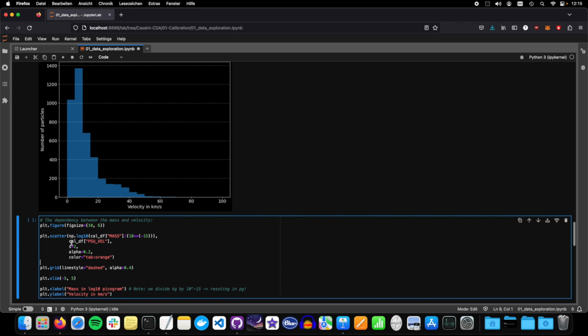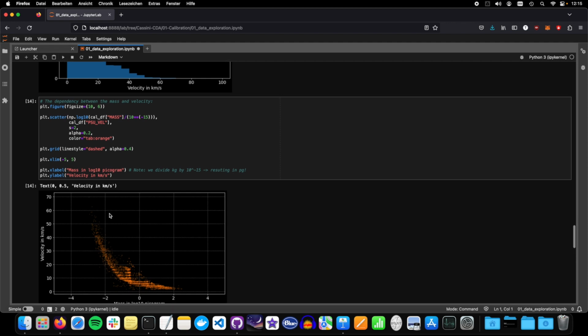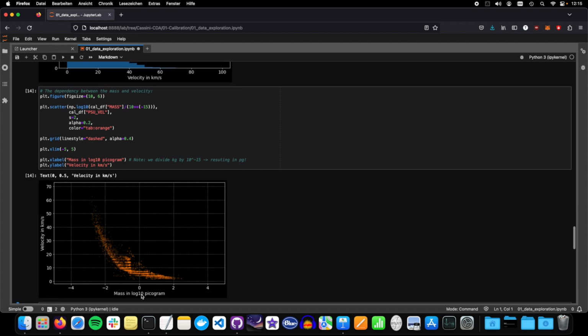So what we do here is we put the velocity on the y-axis and the mass of the particles on the x-axis, in picogram, and apply the log 10 on these masses. Of course, it's nothing you do from the beginning, right? You play around with the data and check how it looks. And if we do it now, we see this kind of distribution, the mass in log 10 picogram and the velocity in kilometers per second.